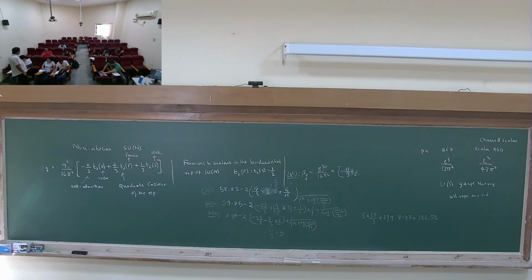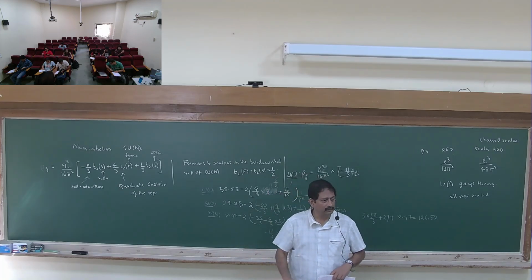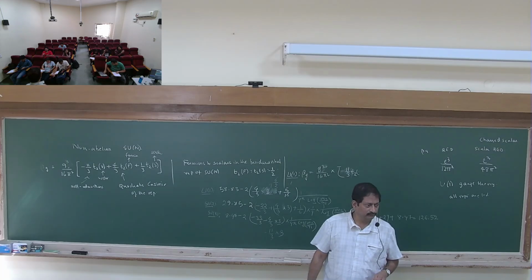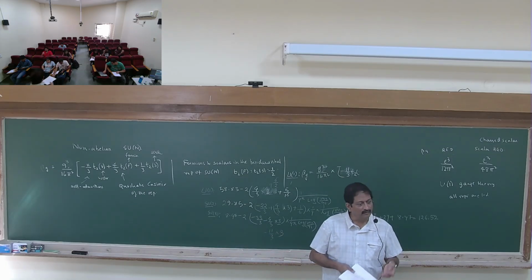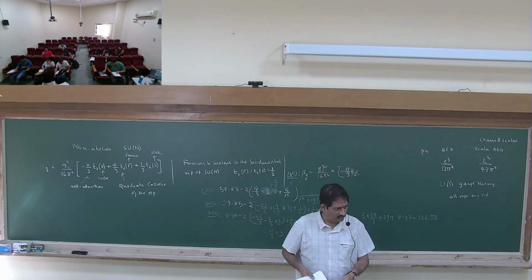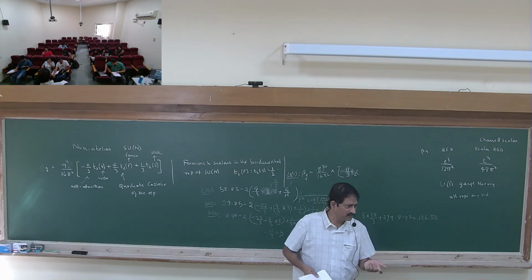It can be in any representation. It's chosen to be. But the fermions, we know that the quarks transform in the three-dimensional representation of SU3. We know that the neutrino and the electron, they transform in the two-dimensional representation of SU2.